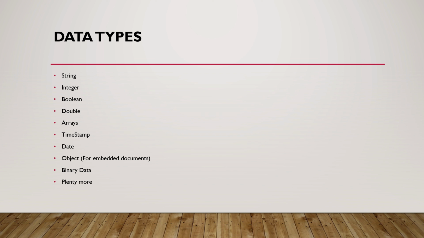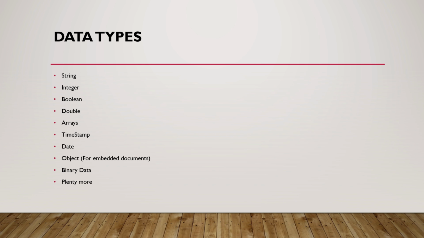So these are some of the data types, like string, integer, boolean, double, arrays, timestamp, date, object, binary data, like that. String, object, boolean, array, double don't have any prefix. That's because there is a corresponding value type in the JSON format, and there is no need to add additional info such as number, int, ISO.